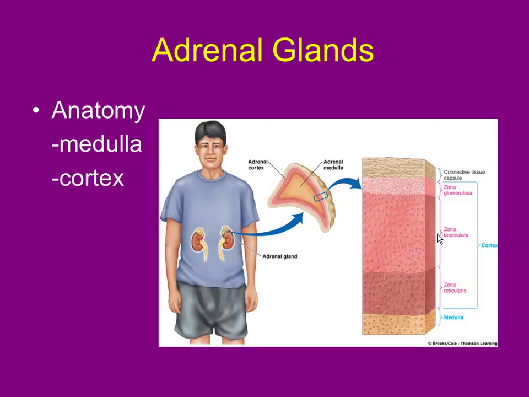Number 1, mineralocorticoids, they're made in the glomerulosa. The number 2, the fasciculata, makes number 2, the glucocorticoids. Number 3, the reticularis, makes the number 3 sex hormones. So they match up. I think that's all I have there.